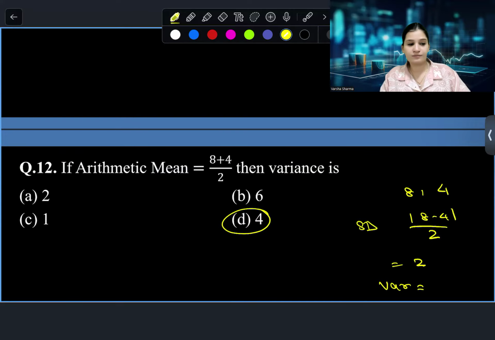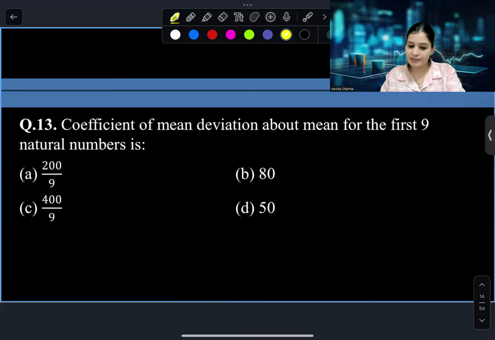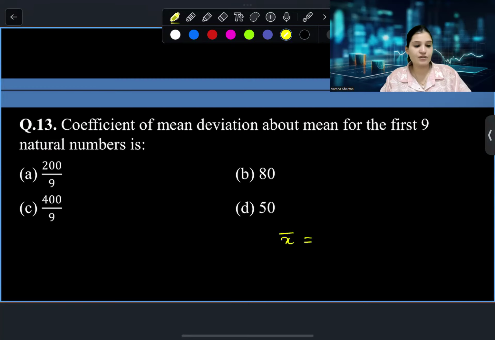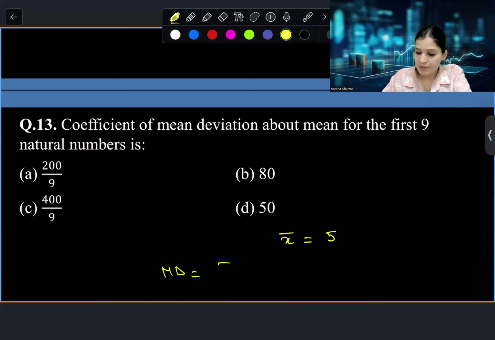Any doubts? Coefficient of mean deviation about mean for the first 9 natural numbers is. So for the first 9 natural numbers, find out the mean. It is 5. Now to find mean deviation, summation absolute value of d by 9.